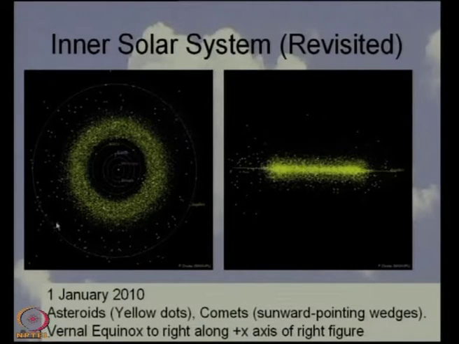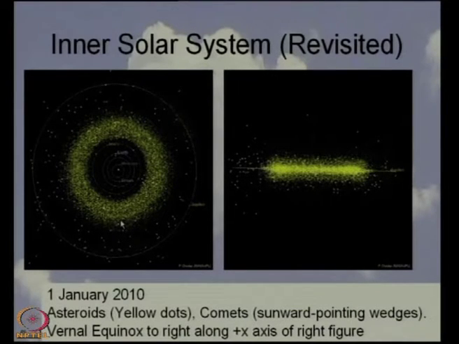Now, notice that in addition to the planets, you have this tremendously dense thing over here, right. You have these many yellow dots over here. What are these yellow dots? Now, these are asteroids. So, the asteroids are shown in yellow dots over here. And these wedges over here which point towards the sun, these are the comets.